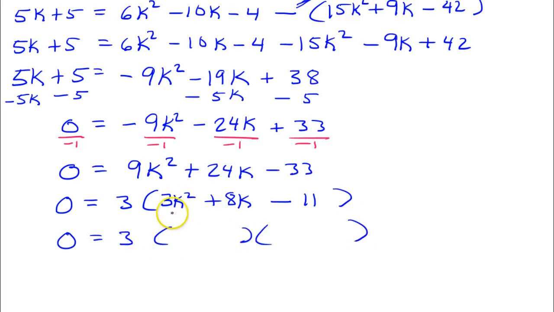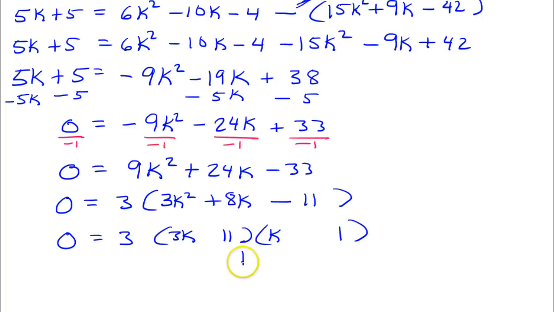So this is kind of a long problem. 3k squared can only factor as 3k times k. Now 11 can only be 11 and 1. And I'm going to put it like this. I know if I put the 11 over here, that would make 33, so that can't be it. Inner plus outer must equal middle.